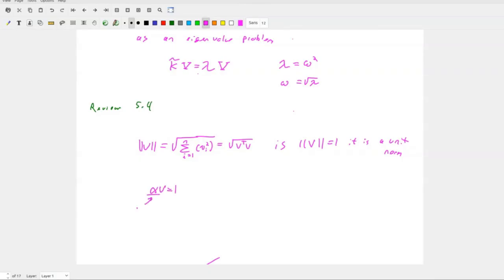We just have to find some value for alpha to convert it to a unit norm. I think the easiest way to do it is just to say v normalized is equal to v over the square root of v transpose v.